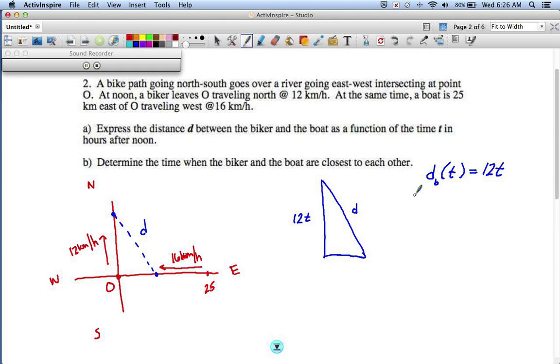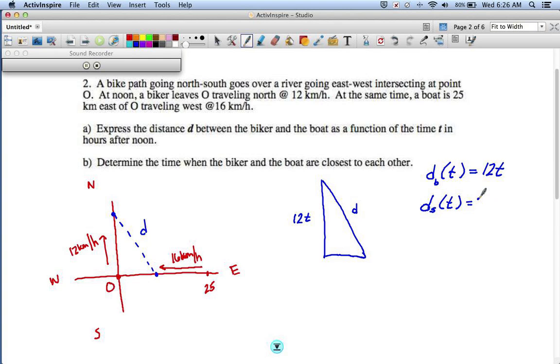Where the boater's distance as a function of time, I can't use B again, so I'm going to use, I don't know, the boater, we're going to do a speedboat. So S, his function of time is a little different because he's starting 25 kilometers away and he's getting closer. Every hour he gets 16 kilometers closer. Every half hour he gets 8 kilometers closer.